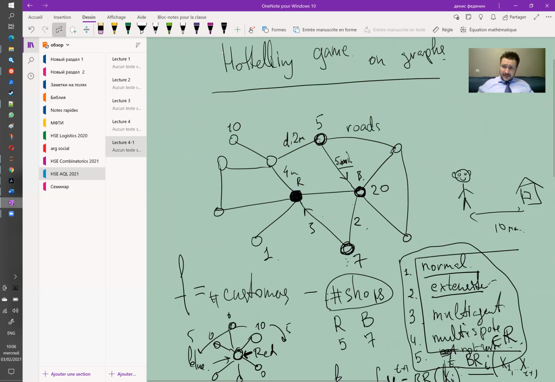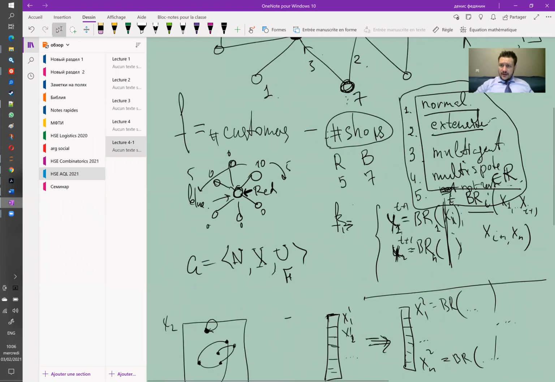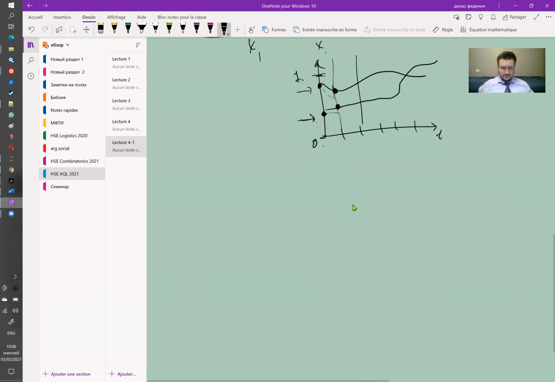So the idea here is that we have a graph. We fix a number of players. We fix a set of possible strategies and utility functions.